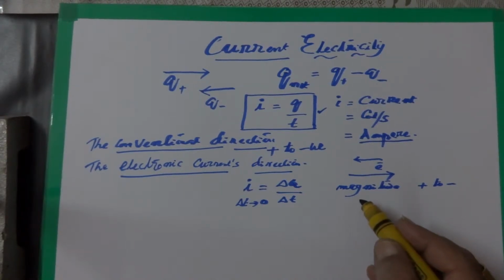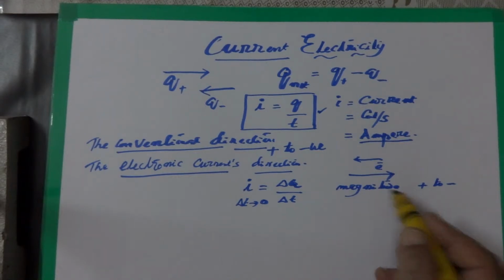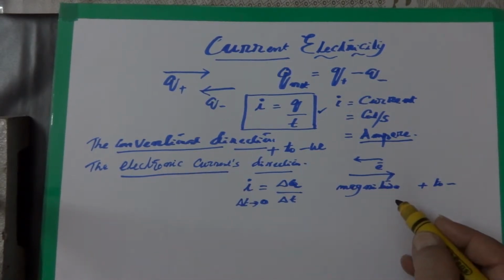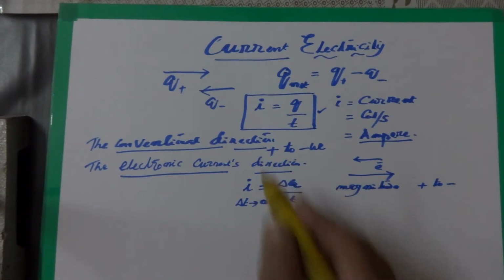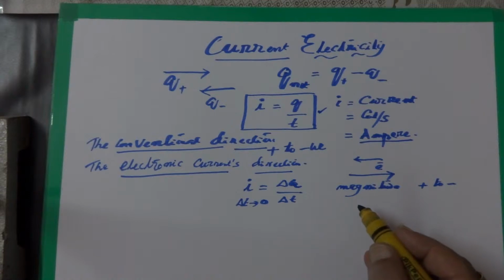If you remember, to call any physical quantity a vector, it is compulsory that it should have direction and magnitude. Both these are there with the current. But the vector law of addition must also hold good if you want to call that quantity a vector. In the case of current, it is observed that the vector law of addition fails.